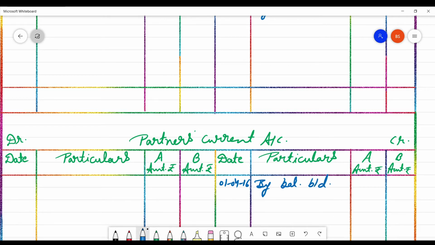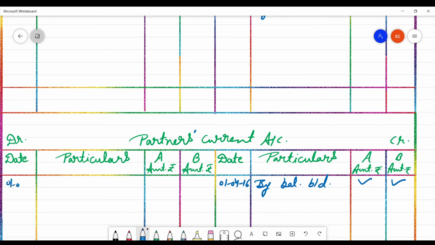In the current account, both debit and credit balance can be given, but if A's credit balance is given, then A's debit balance is not given. If B's credit balance is given, then B's debit balance is not given. If A's debit balance is given, then A's credit balance is not given. As well as if B's debit balance is given, then B's credit balance is not given.